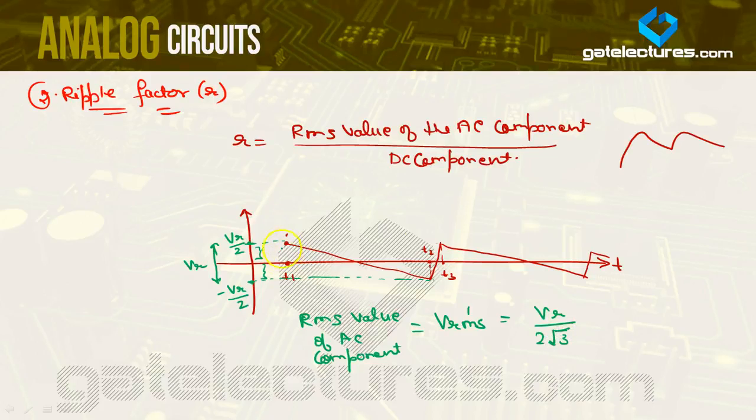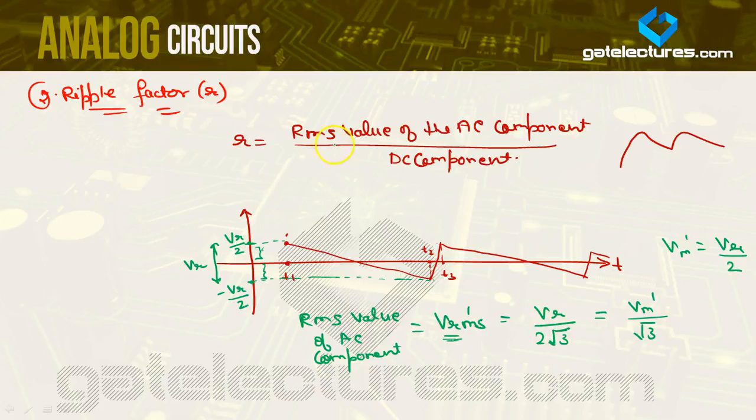Because we know the amplitude of this triangular pulse is VR by 2, and the RMS value is equal to Vm prime by root 3, where Vm prime is VR by 2. That's why the RMS value of the AC component, Vrms prime, is equal to VR by 2 root 3.